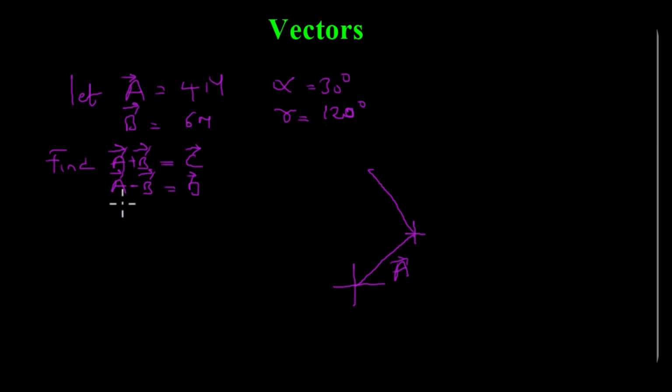Now, if I were to join the start to finish, I'd be talking about A vector plus B vector. But since we're looking for A vector minus B vector, I'm simply going to change the direction of my vector B. Remember, we talked about equal vectors when discussing vector notation. Two vectors are equal only if their magnitude and direction are the same. If two vectors are equal in magnitude only, then we can say A vector will be equal to negative B vector.